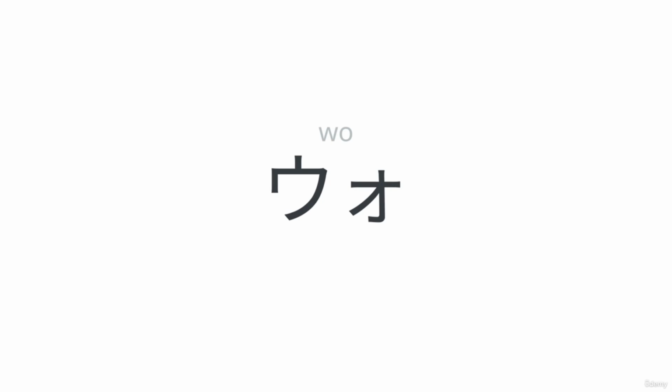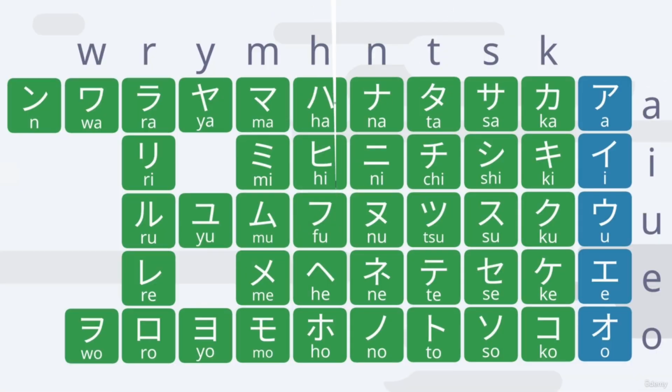Wo. Washlet. Wallet. We learned how to read the small a, i, u, e, o characters in katakana.